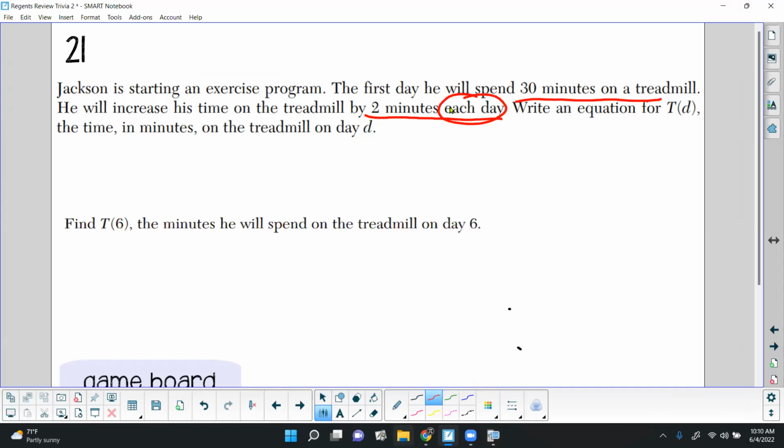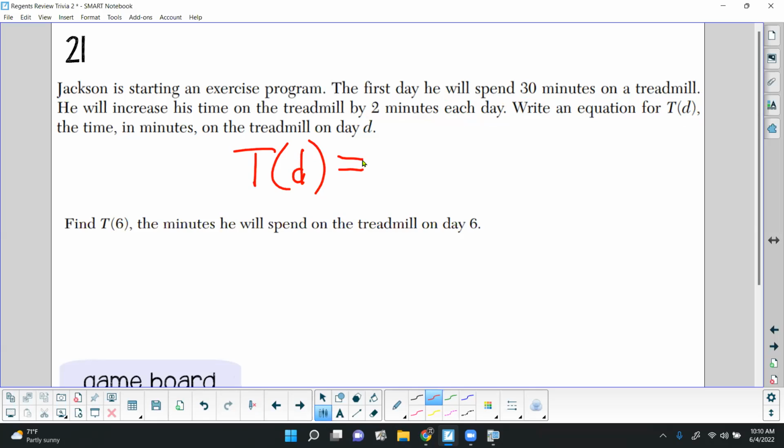You got to remember that they're asking you to use the language of T of D. So technically, this has to be the beginning of your sentence. So the time per day is equal to what formula? That's what they're asking for.